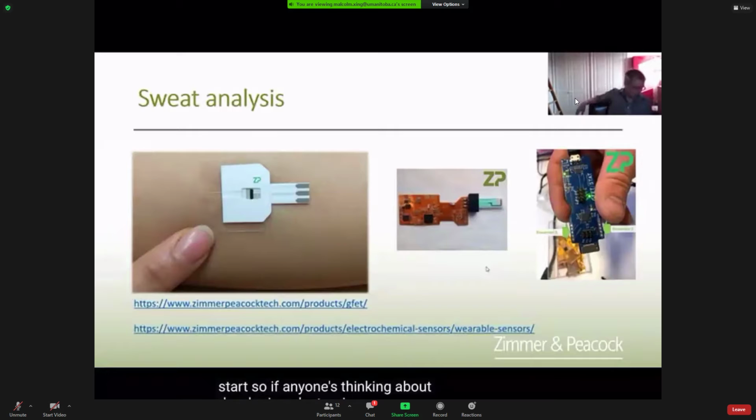If anyone's thinking about developing electronics for wearable biosensors, I would check out some of the links on our website, especially this GFET, because there we reference the chip that we use in one of our devices, and that's my recommendation for a small-size potentiostat.